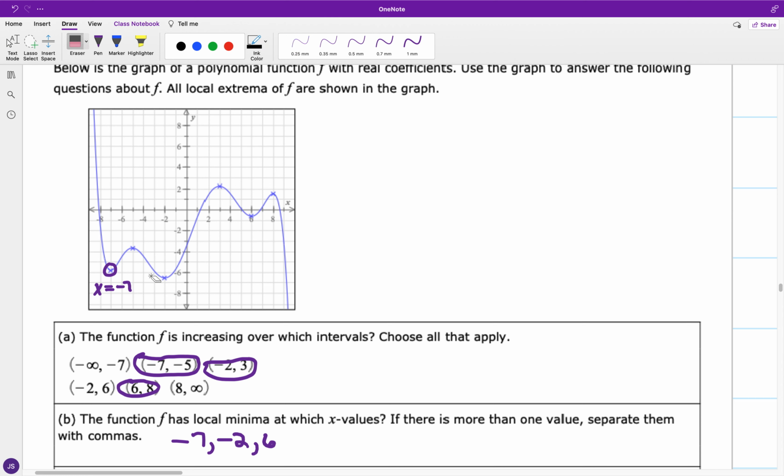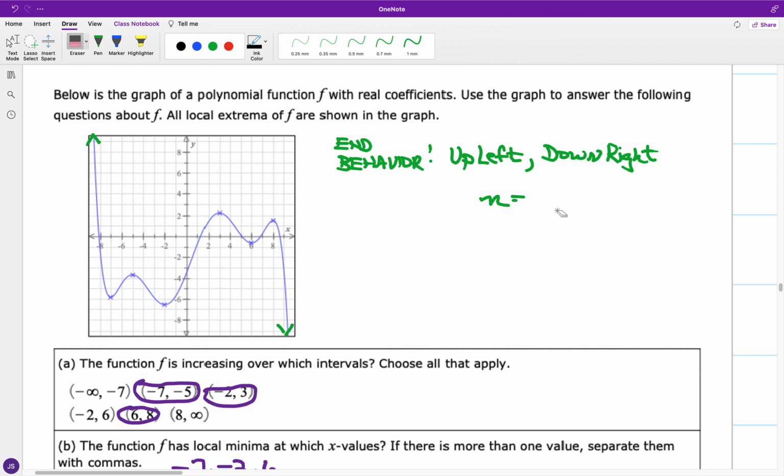So you have up one way, down the other, and automatically n is going to be an odd value. The reason I know this is that if n were an even value, you'd have moving up at both ends or moving down at both ends. So n is odd, and in terms of the coefficient, with up to the left and down to the right, a of n is going to be a negative value.